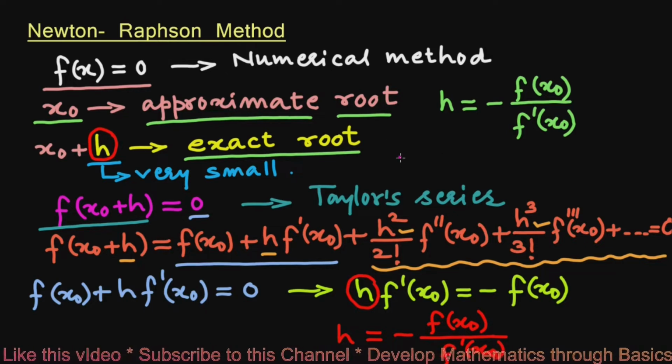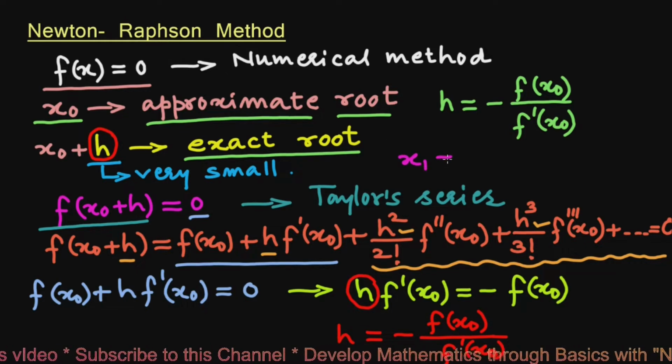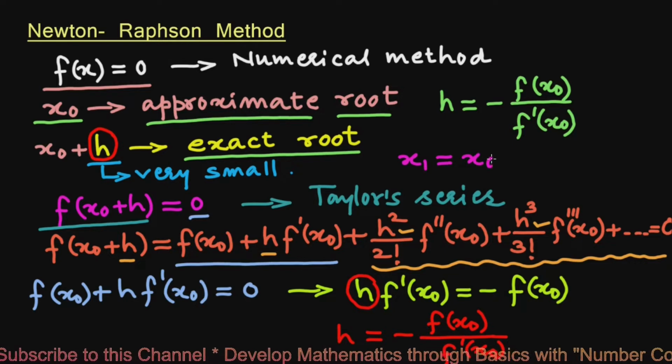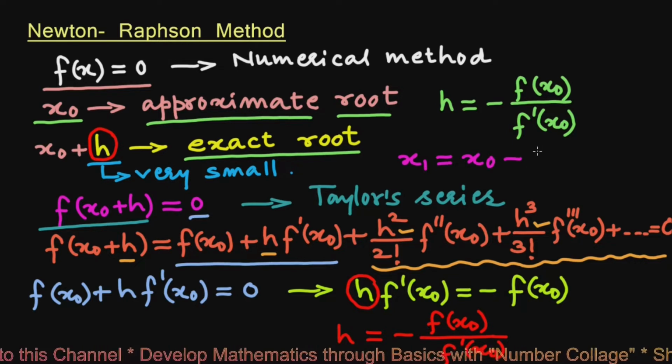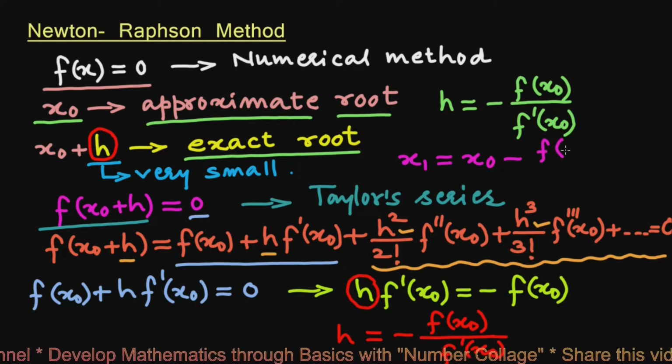So the next approximate root x1 will be the first approximate root x0 minus f of x0 upon f dash x0.